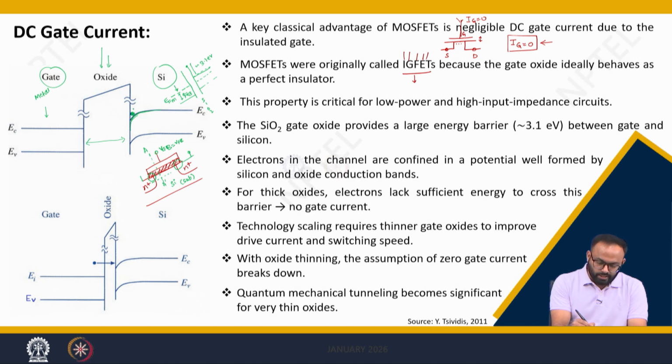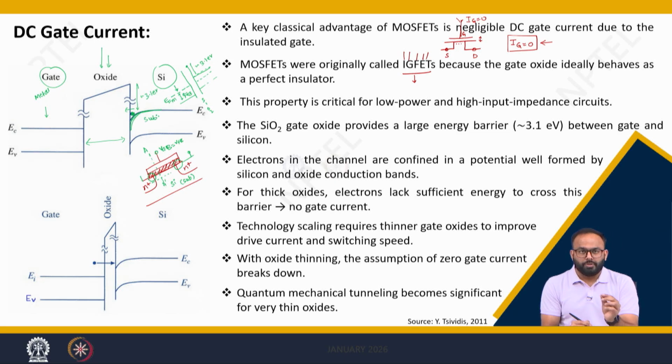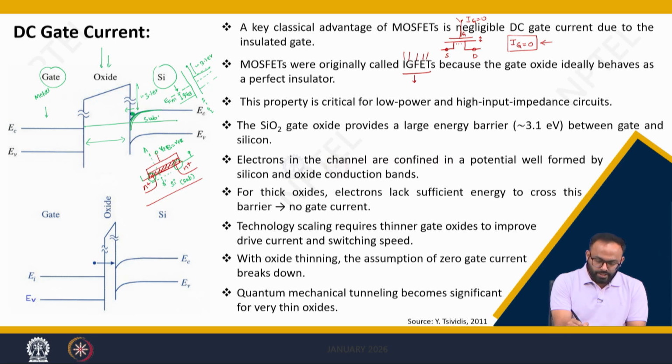One side there is a thick barrier, and the height of this barrier is approximately 3.1 electron volt, and on the other side is the conduction band which is bent in the substrate. So, the electron cannot move along this direction, correct, because the electron does not have enough energy to climb the barrier and go to this side.